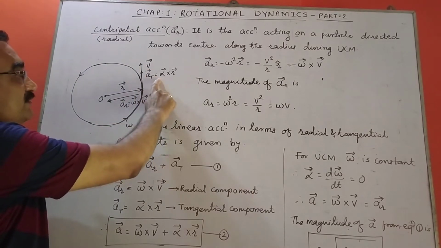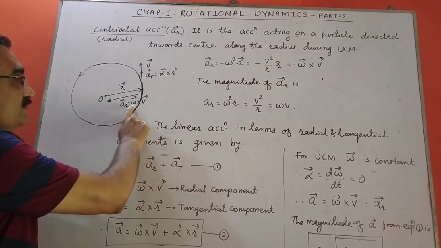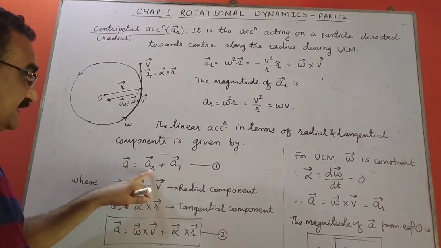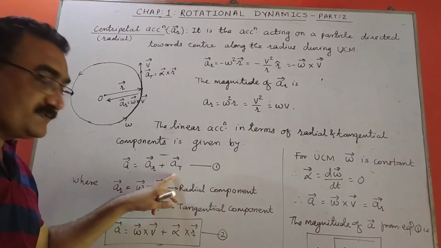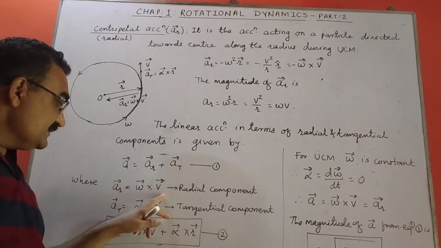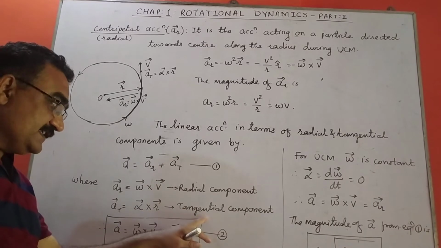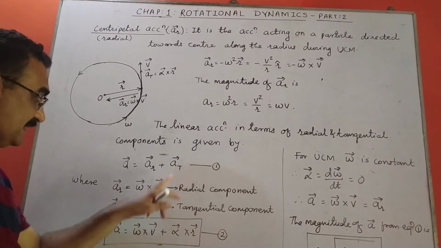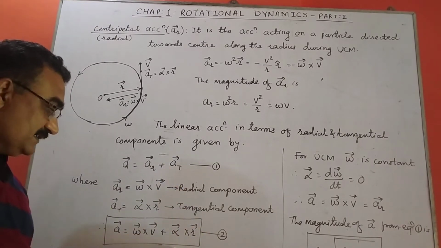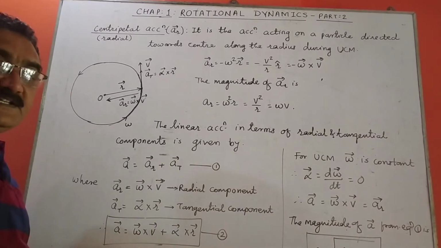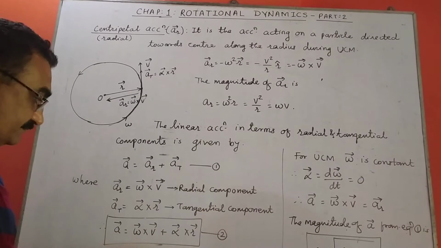So AT is equal to alpha cross R, AR is equal to omega cross V. Putting these values in equation 1, we get the linear acceleration in terms of radial and tangential components.